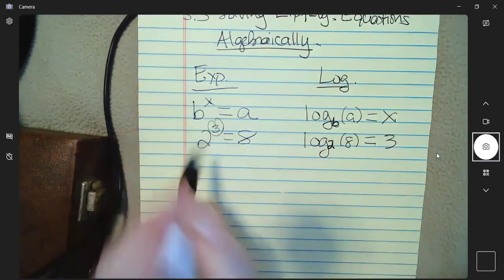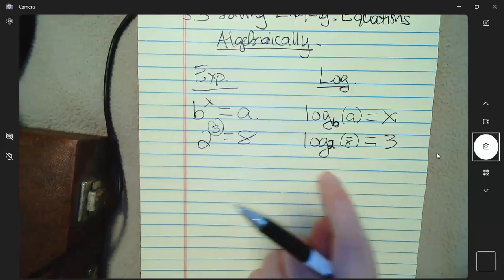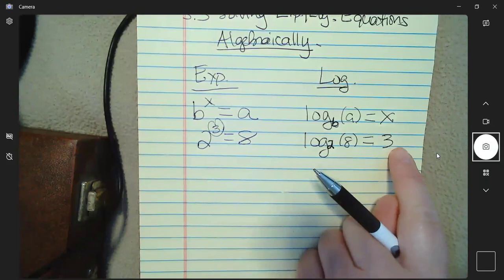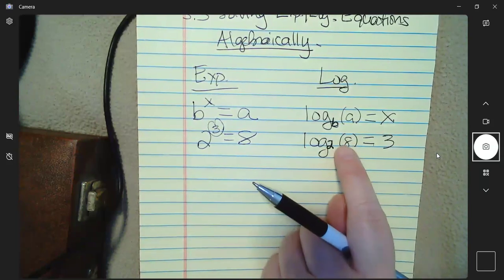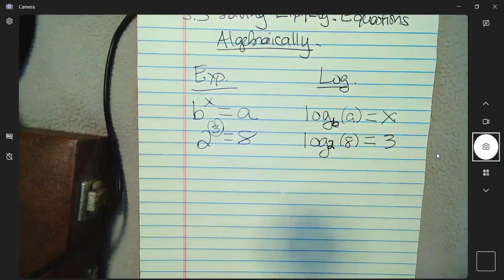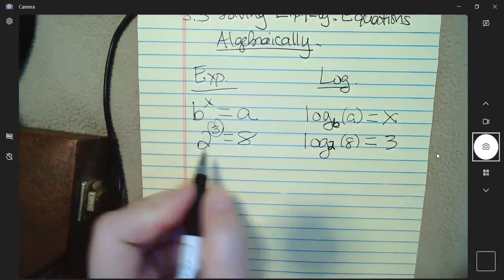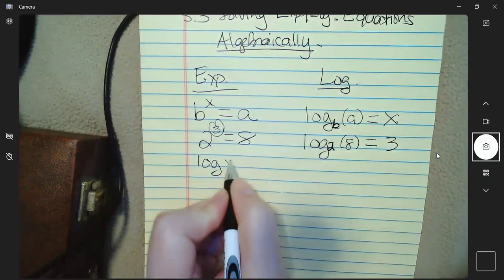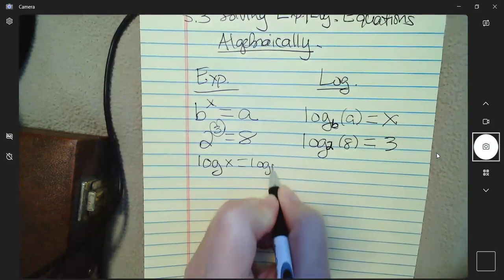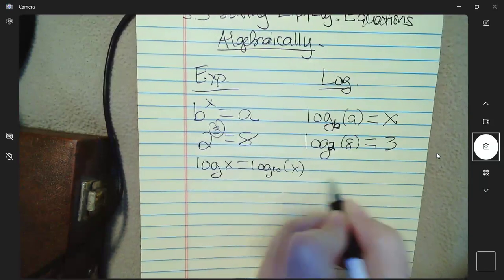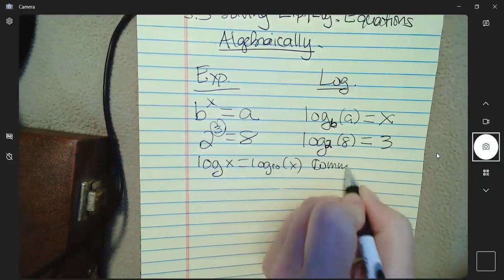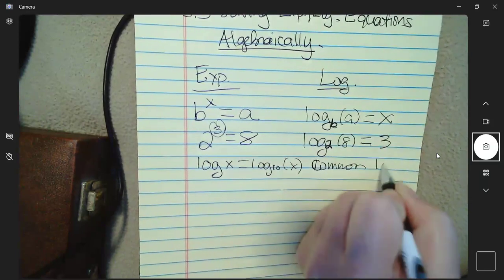Okay, so this is the logarithm in this form. So the logarithm of blah, blah, blah equals an exponent on 2 that changes it to 8. We had a couple of special logarithm bases. If we don't write any base at all, that's considered to be log base 10, and we call that the common log.